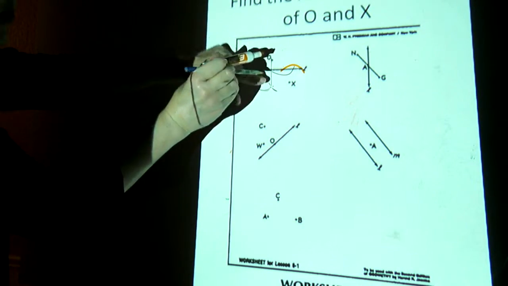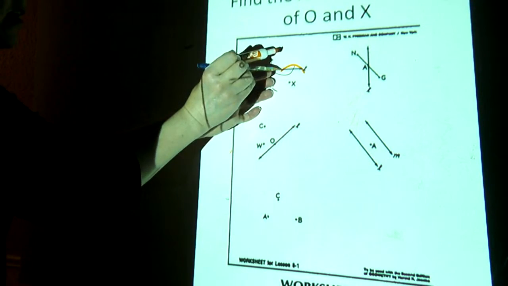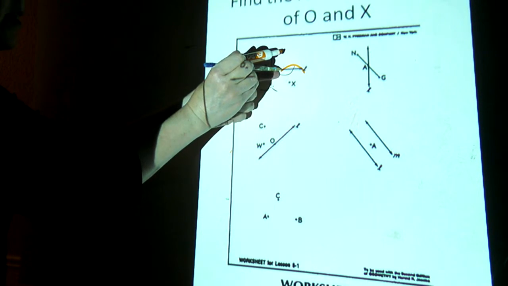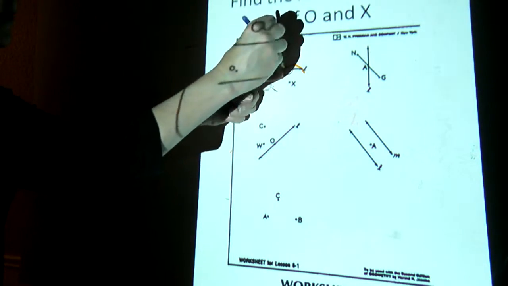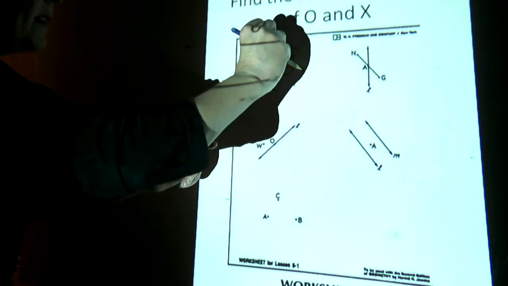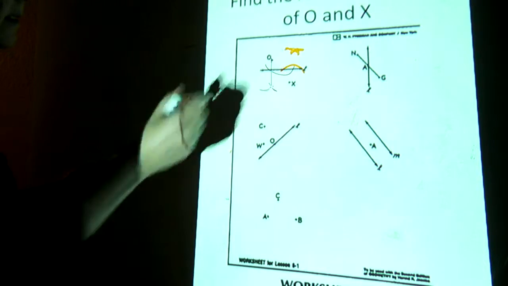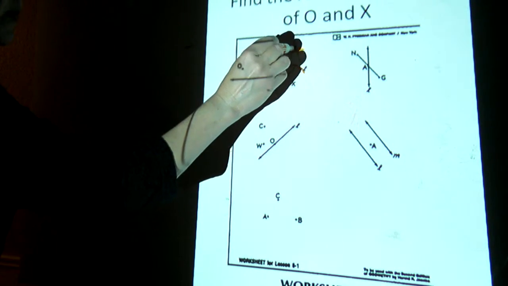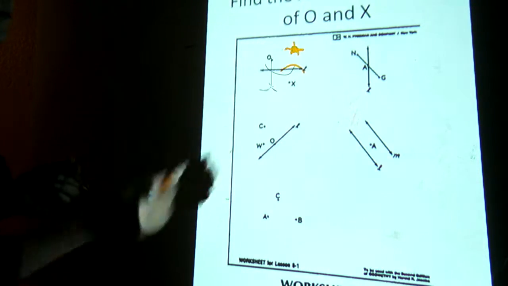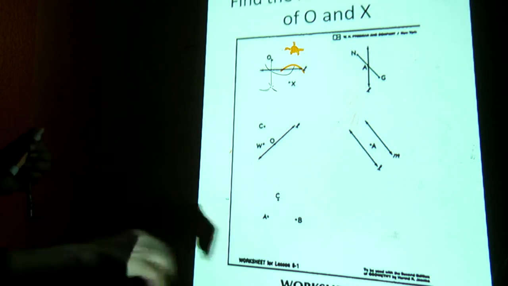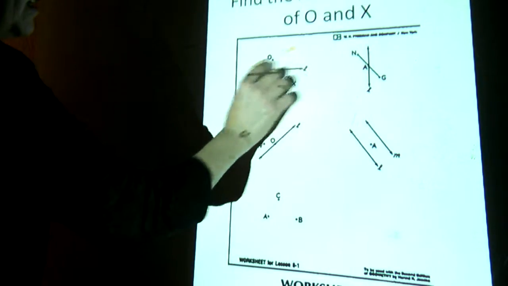And then from those points, where the 2 lines intersect, make an arc up here, and then the same thing over there, and you'll make an X somewhere like that. And that is the point of reflection right here. So that's how you find the reflection point of a point.